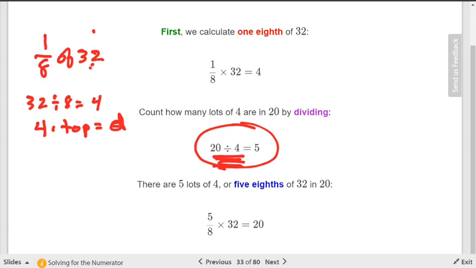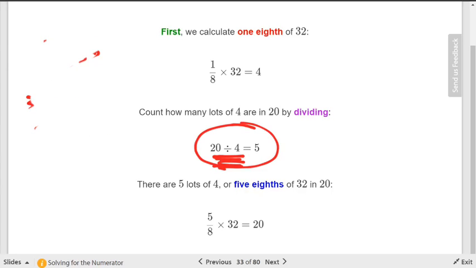Okay? So let's look at the whole thing again using that algorithm, using that process. So here we go. If we had A over B times C equals D, right? We would take C divided by B, equals some number.